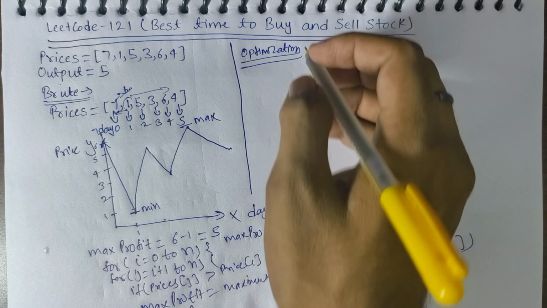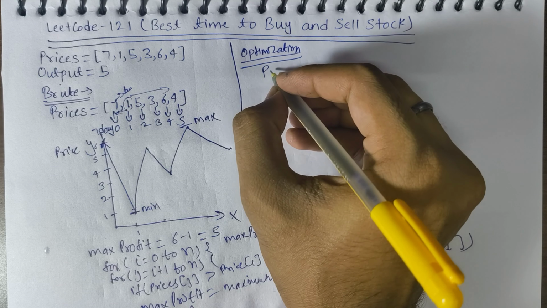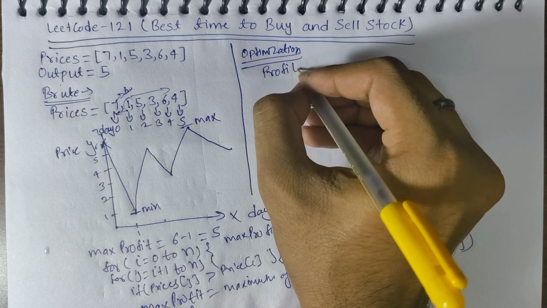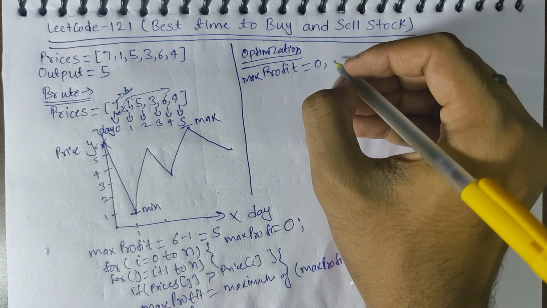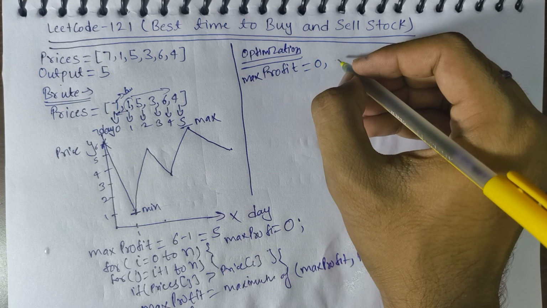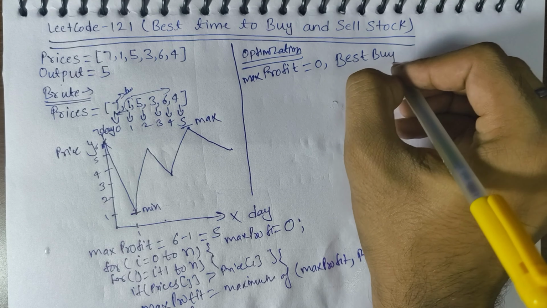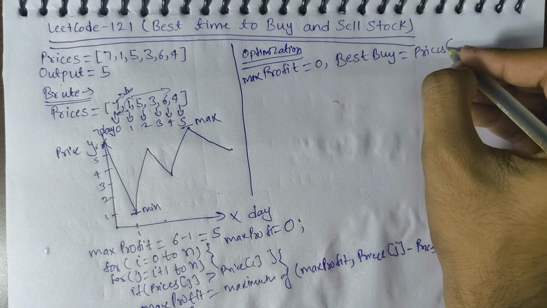In the optimization, what you can do, first we can declare max profit is equal to 0, and you can initialize a variable best buy is equal to price 0.